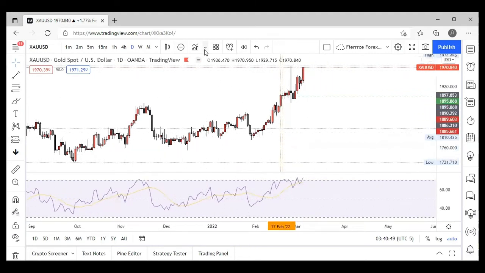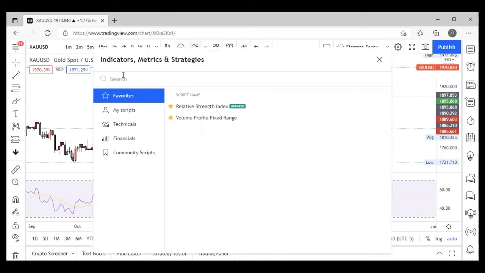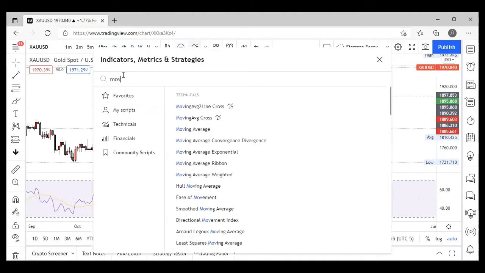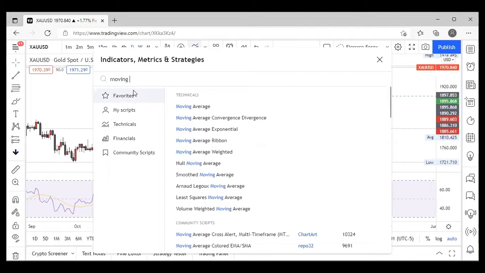So all these other indicators, if I click here, there are so many indicators, moving average, they're all here. If you ever hear about any indicator, you can just search for it in the indicators, metrics, and strategies tab, and you'll be able to find anything you want.